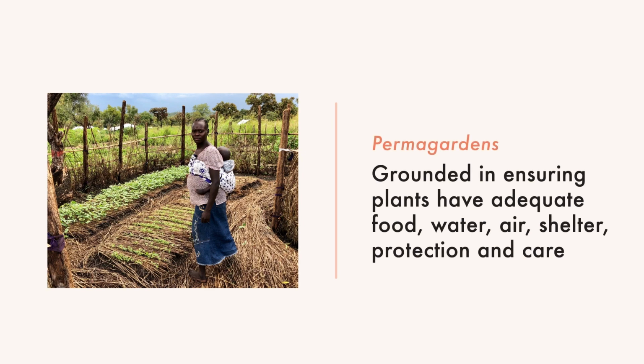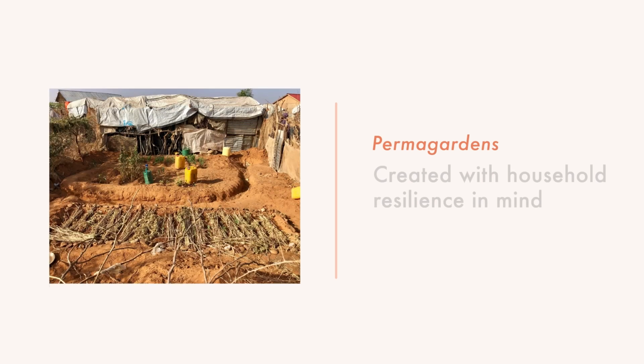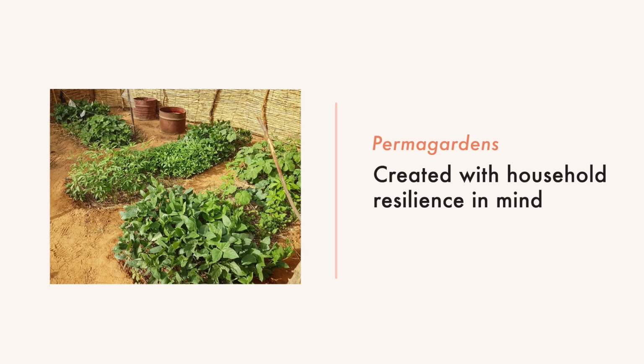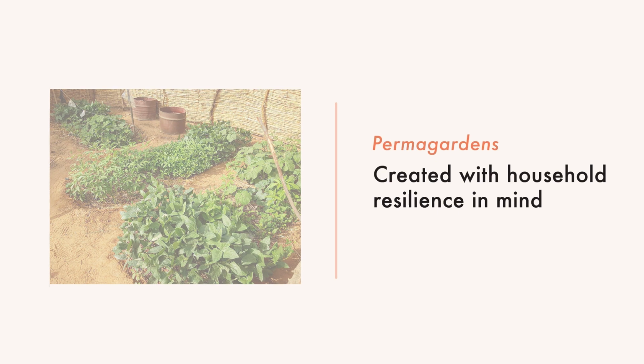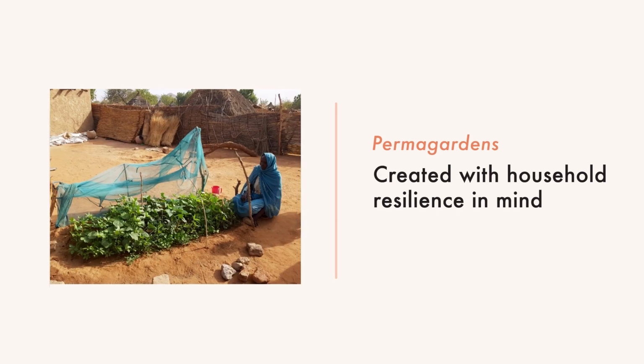A Permagarden approach is grounded first and foremost in ensuring plants have adequate food, water, air, shelter and protection, and care. Permagardens are created with household resilience in mind. They can contribute to household resilience by helping the household meet their basic needs for food and income, even through the dry, hungry seasons or when a shock or stress is affecting the community.